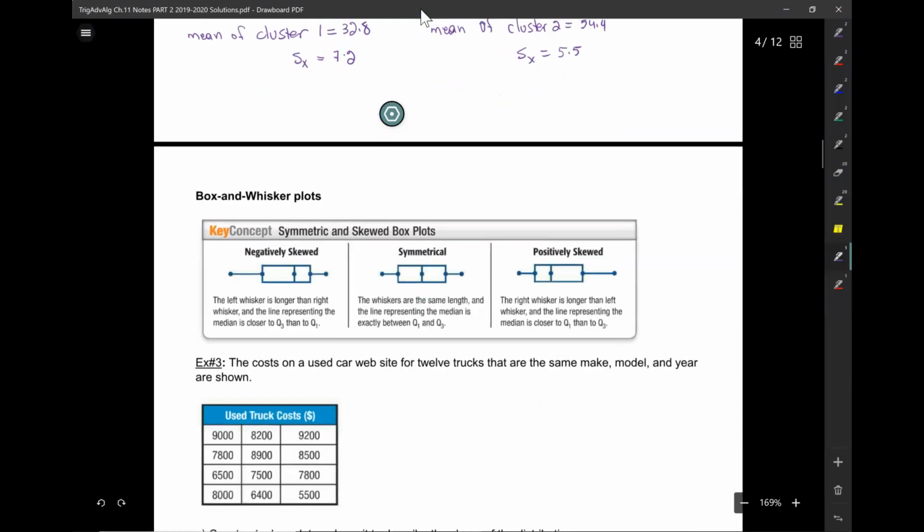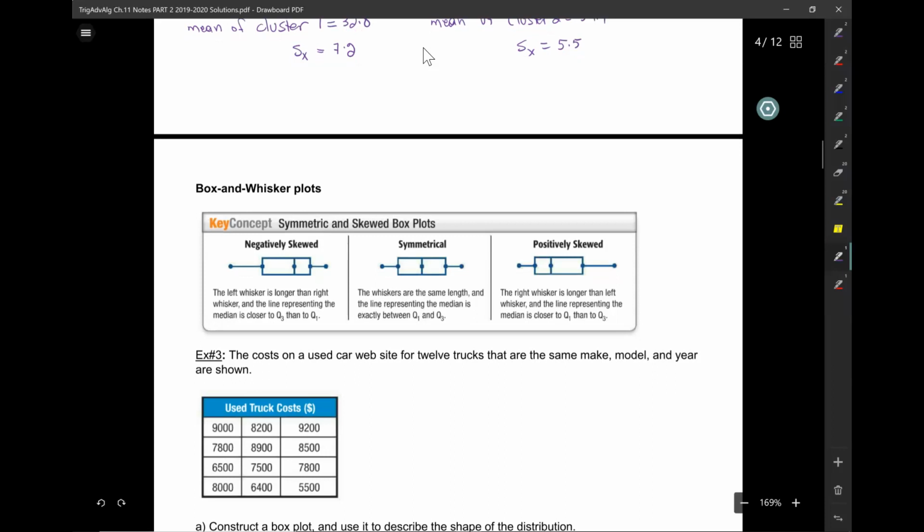We're going to move on to box and whisker plots, because guess what? Those don't have to be symmetric, right? In fact, the world rarely is symmetric. Data is rarely symmetric. All right. So box and whisker plots can also be skewed.